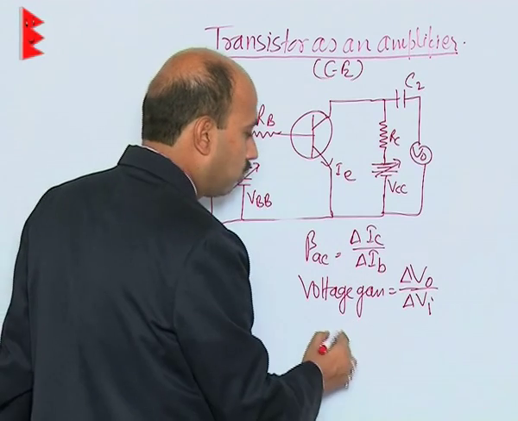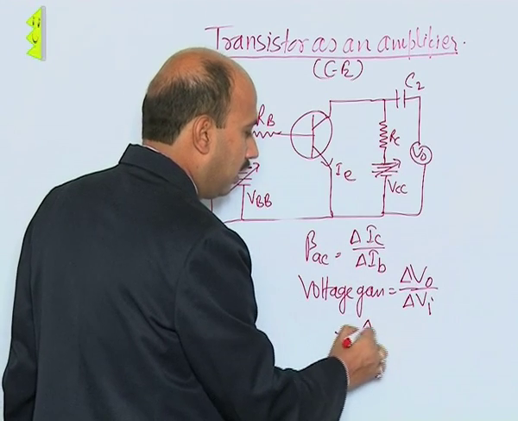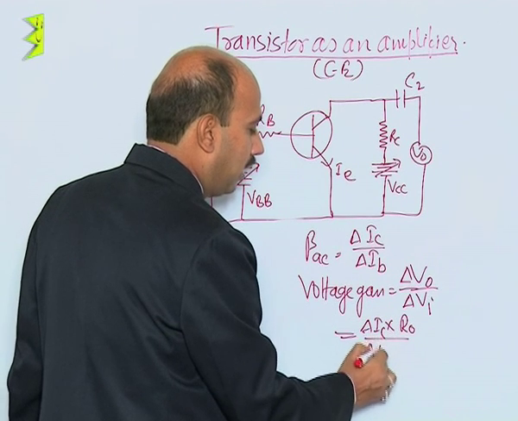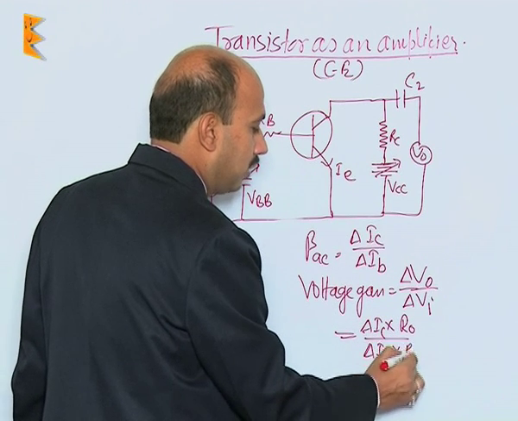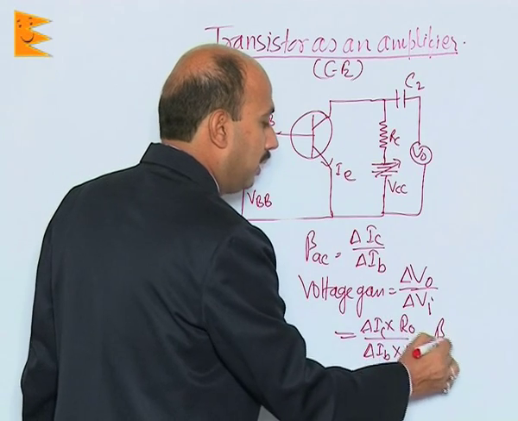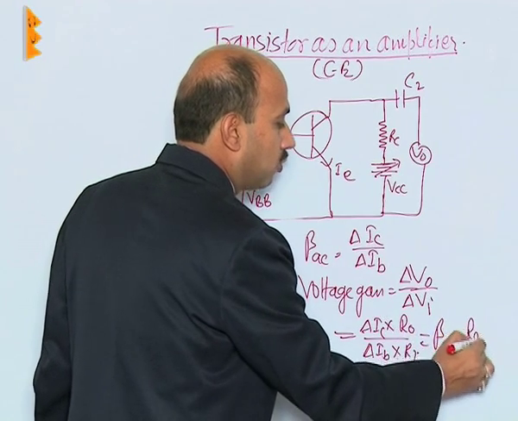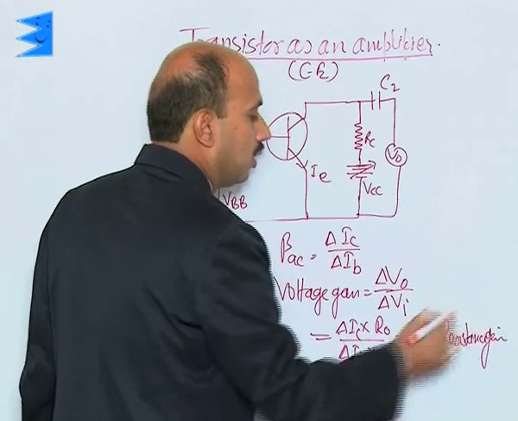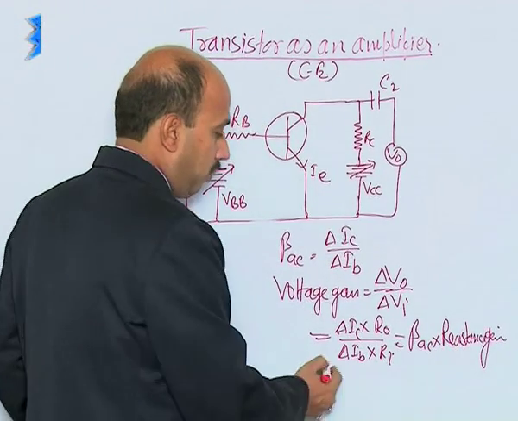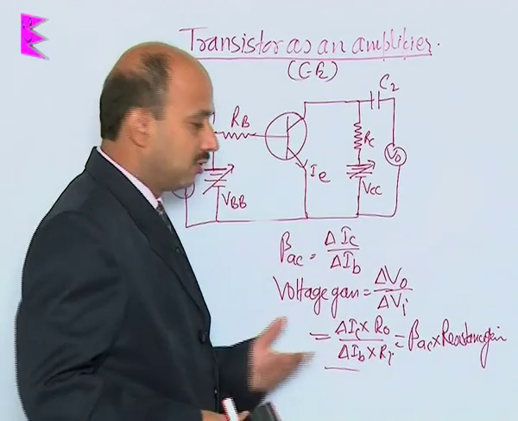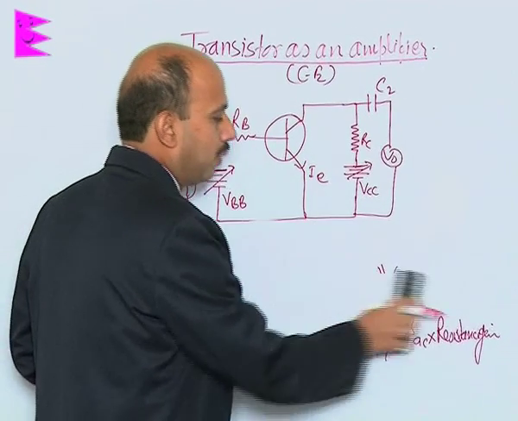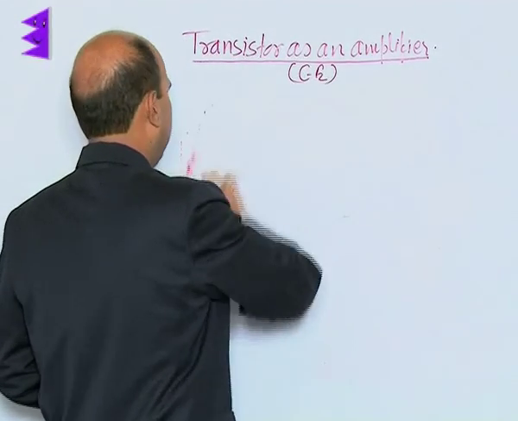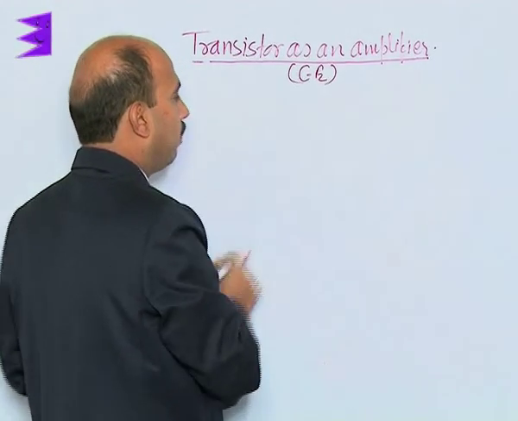And here we can also write the voltage gain as delta IC into RO divided by delta IB, that is the change in base current, into RI. So this is beta AC into resistance gain. So there is a voltage gain, current gain and resistance gain. We can also take the power gain in this case.